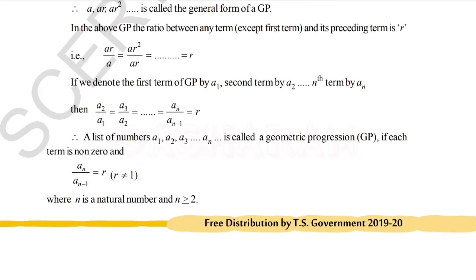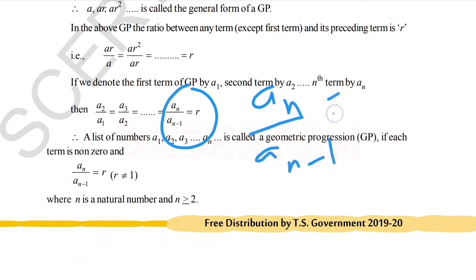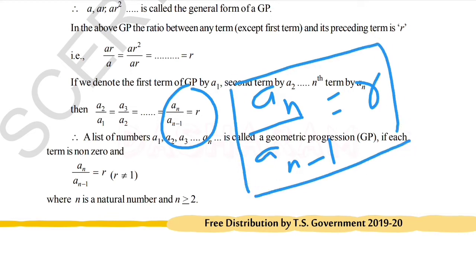In our textbook, the common ratio formula is given very clearly: an by an minus 1 is called the common ratio. It is denoted with a small r. So an by an minus 1 means a2 by a1, a3 by a2, a4 by a3, and so on.